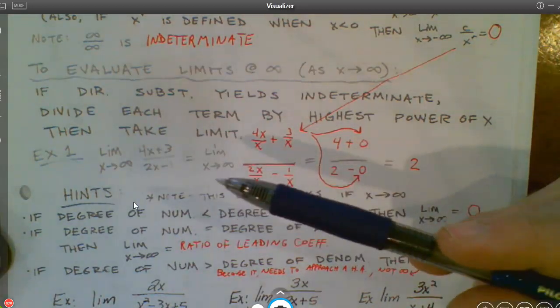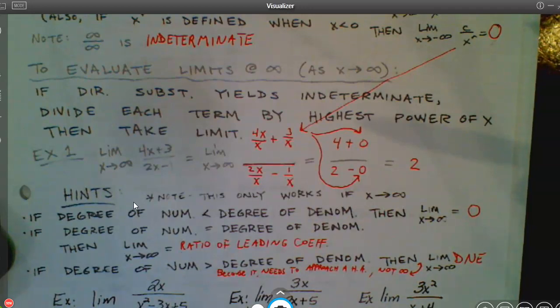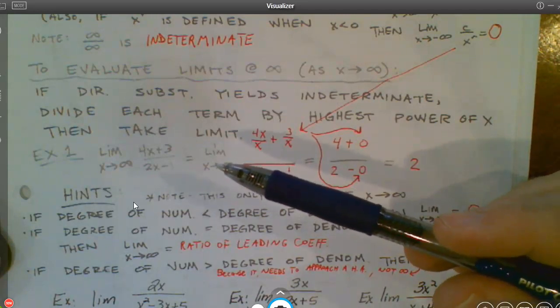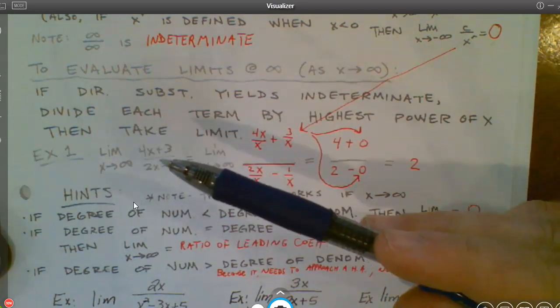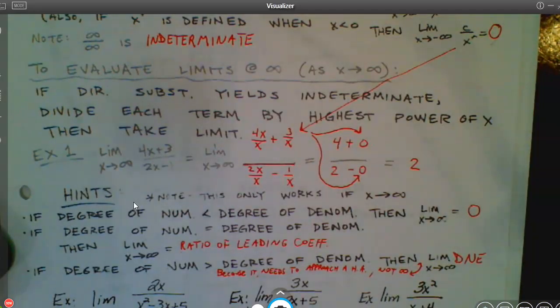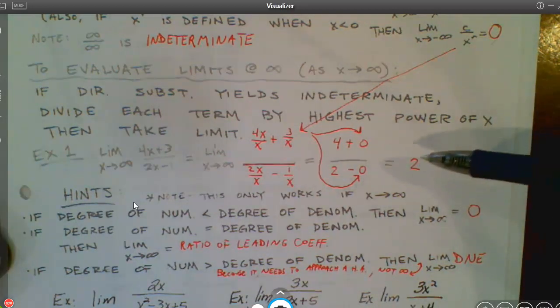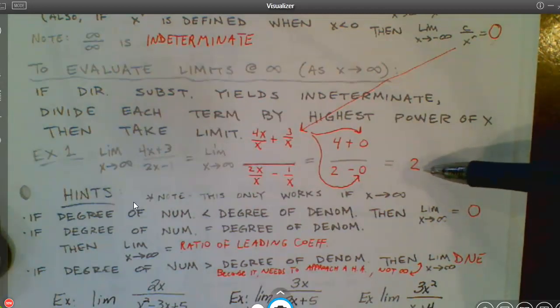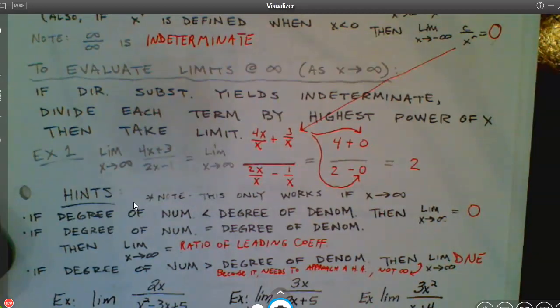If you really wanted to solve this with an algebraic approach and be able to do this by hand, the way that you do this is you simply divide all of your terms by x to the first. Whatever your exponent is, in this case it's x to the first, if you divide everything by that, you can simplify it to a point where you can see what your horizontal asymptote is or what your limit is. So same thing in these cases.